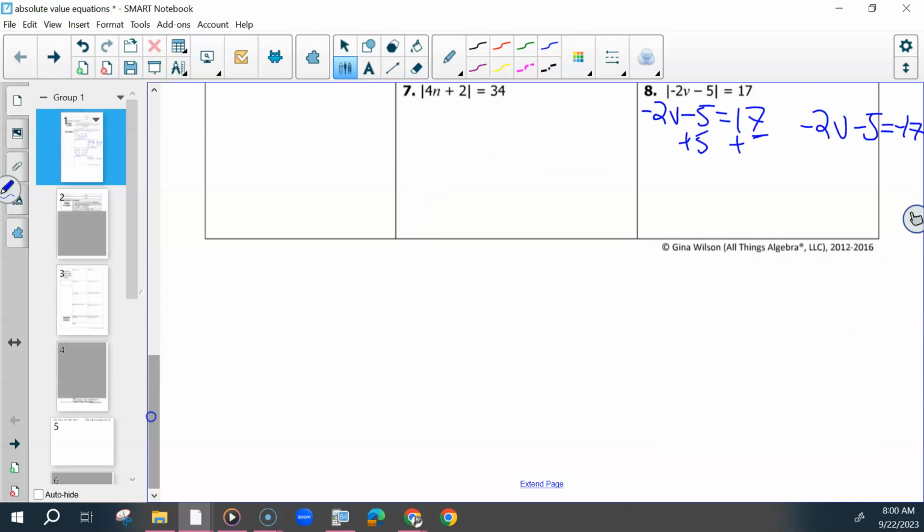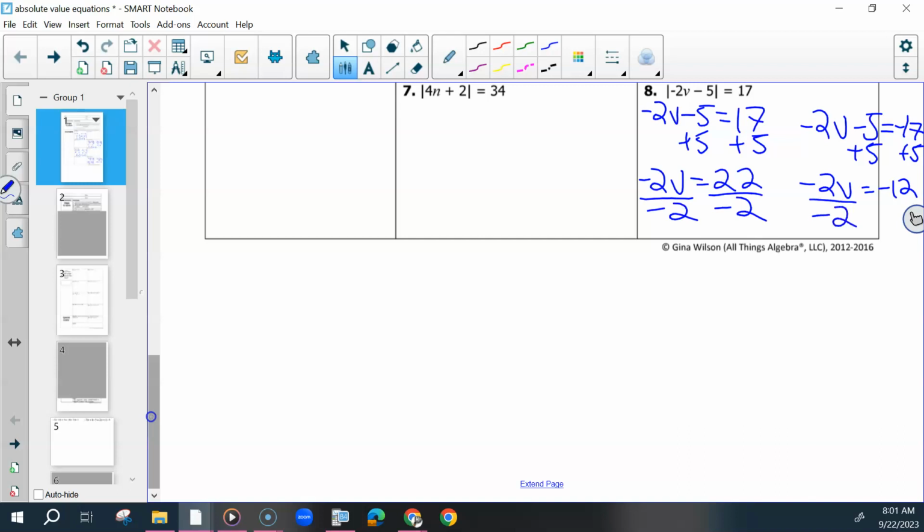On both equations, we can do that at the same time. -2b equals 12, and -2b equals -12. And then divide. You get -11 and +6.